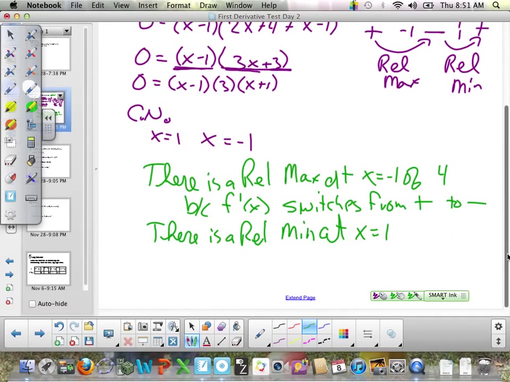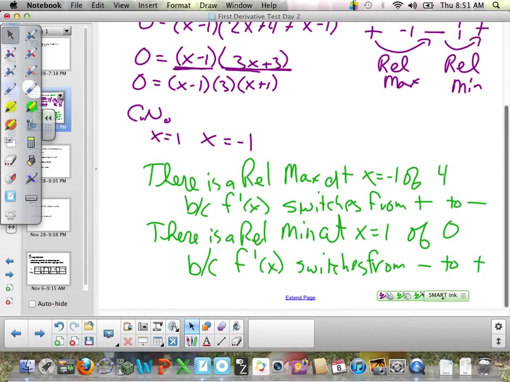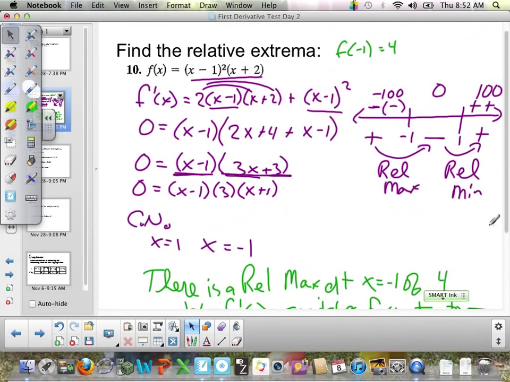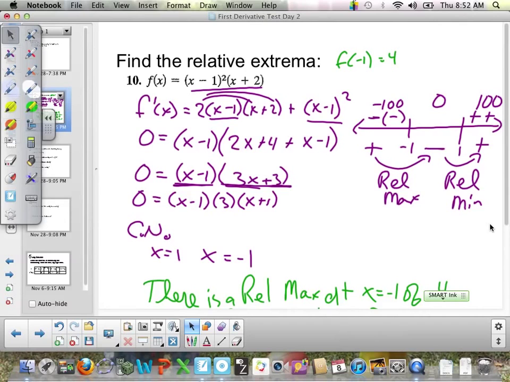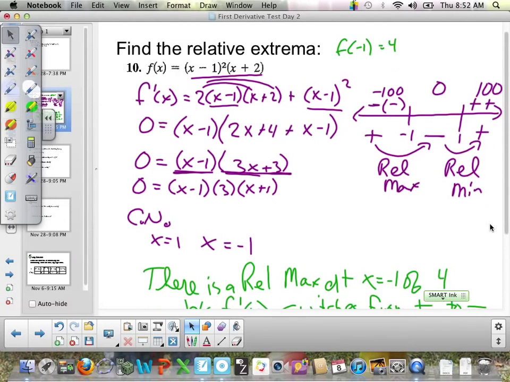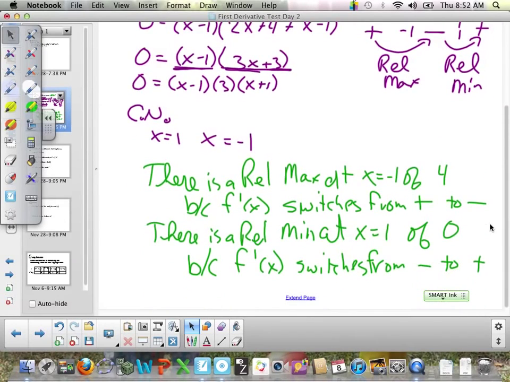There is a relative min at x equals 1 of 0 because the derivative switches from negative to positive. Good. All right. So you're going to find your critical numbers, test your intervals, and give your answers with reasons.